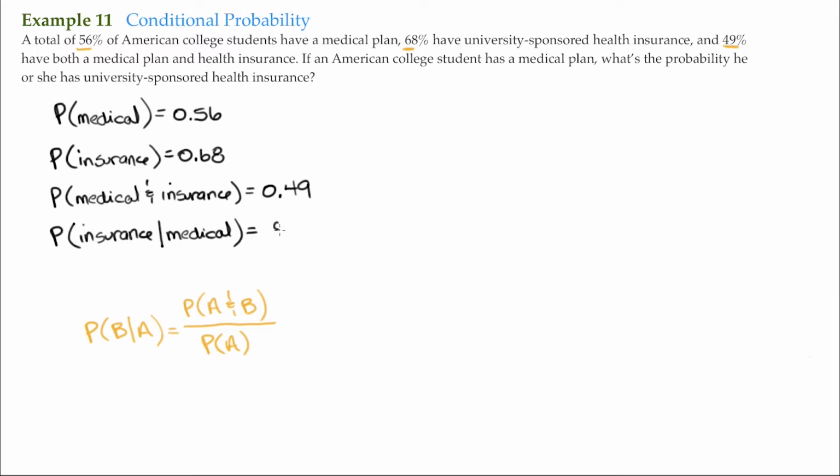So that's going to be 49%. And we're going to divide that by A. And of course, that's our medical plan. And that's 56%. You see that? So if an American college student has a medical plan, what's the probability he or she has university-sponsored health insurance? That comes out to be 87.5%.